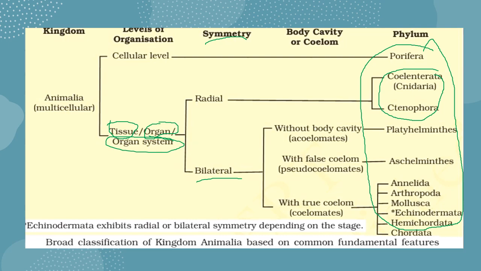Next we have the body cavity, or the coelom. The third criterion considered while classifying kingdom Animalia is the body cavity, whether there is presence or absence of a body cavity. Based on that, there are three types: acoelomate, pseudocoelomate, and eucoelomate.